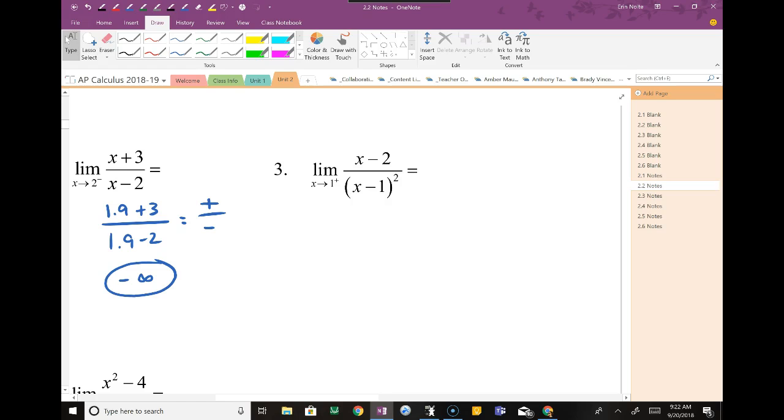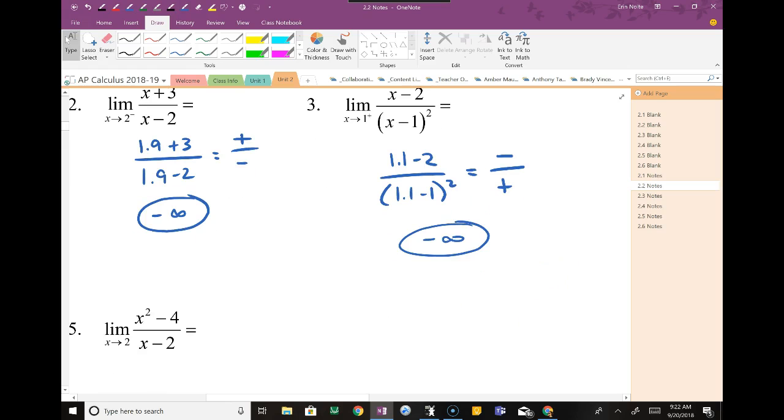Plug a value slightly bigger than 1 in, so what number are you going to plug in? 1.1 is good. On the top, if I simplify that, is it going to be positive or negative? Negative. What about the bottom? Positive. Anything squared is going to be positive. So where is this function going? To negative infinity. Ooh, that was a good infinity sign.